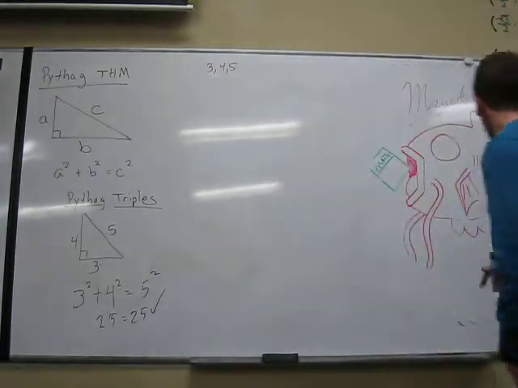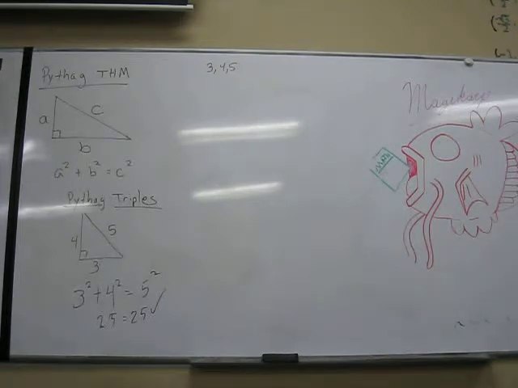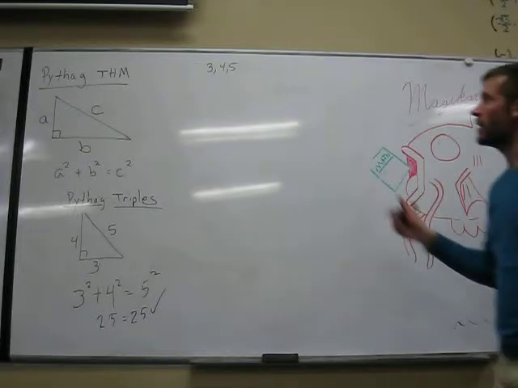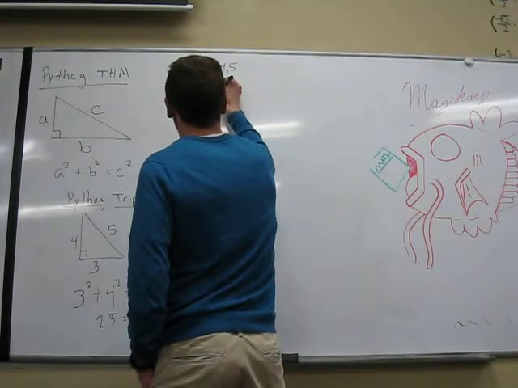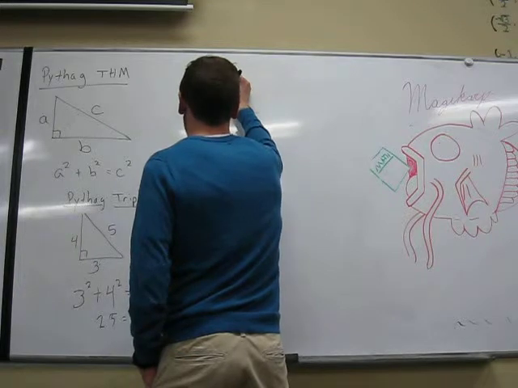If you look at the sheet up here at any point in time, the next one they list is a 5, 12, 13. There are other ones that work, but they don't list the multiples of the 3, 4, 5. The multiples of the 3, 4, 5, if you multiplied it by 2, would be a 6, 8, 10.